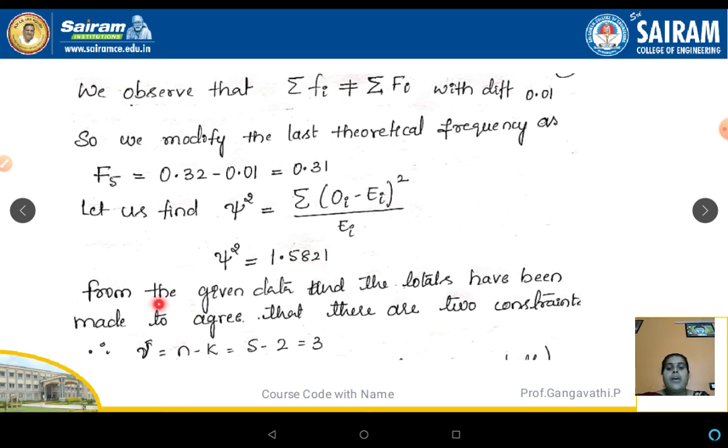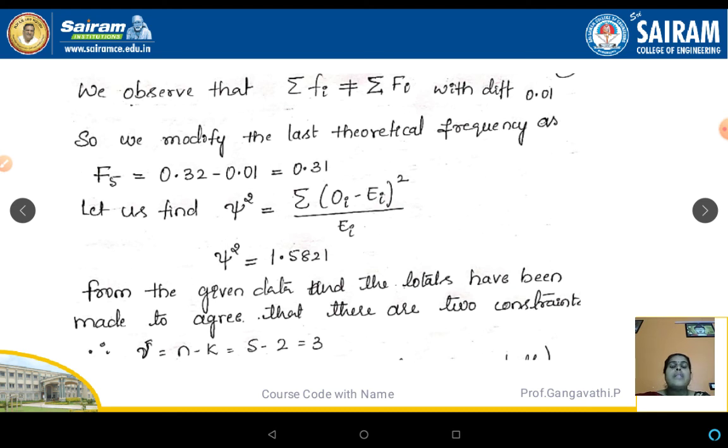And now from the given data, the totals have been made to agree, so there are two constraints. One is by default, that is n minus 1, and this is the another constraint which we have taken. Since it is a Poisson distribution, we are supposed to have two constraints.